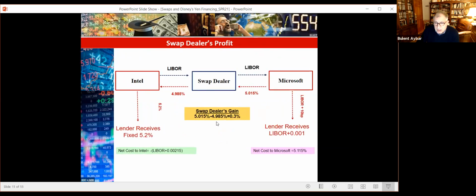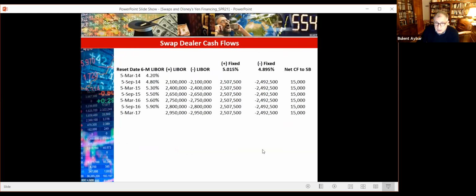If you look at the dealer's perspective, the dealer, as you can see here, will receive LIBOR and pay LIBOR. So these wash each other out. And it will receive 5.015% from Microsoft and pay 4.985% to Intel. It will retain 30 basis points out of the deal, and it will leave the deal with a 15 million profit per 6-month period that it facilitates these payments.